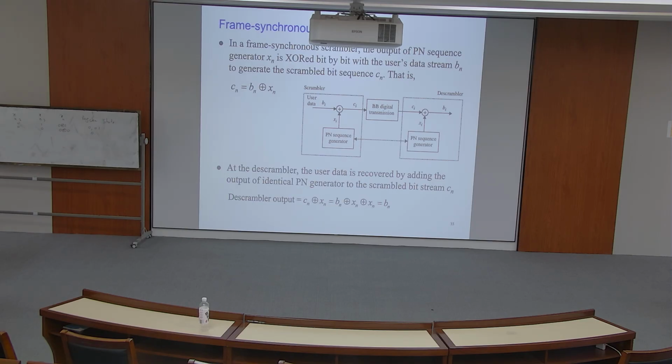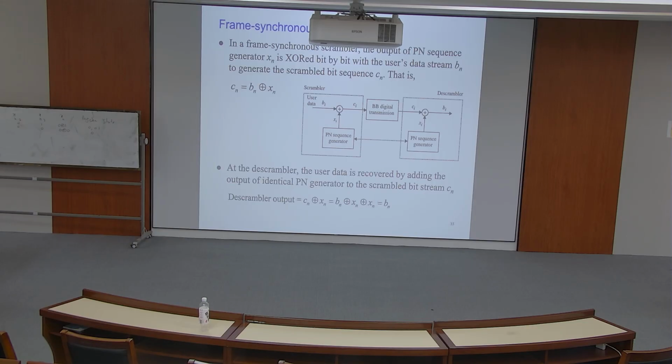Here is the scrambler and here is the descrambler. Here you have the user bit data B of I and this X of I, which is the PN sequence generator output, and then you get C of I, and then you transmit it to the descrambler. Again, you have this C of I, which is the combination of D of n and X of n.